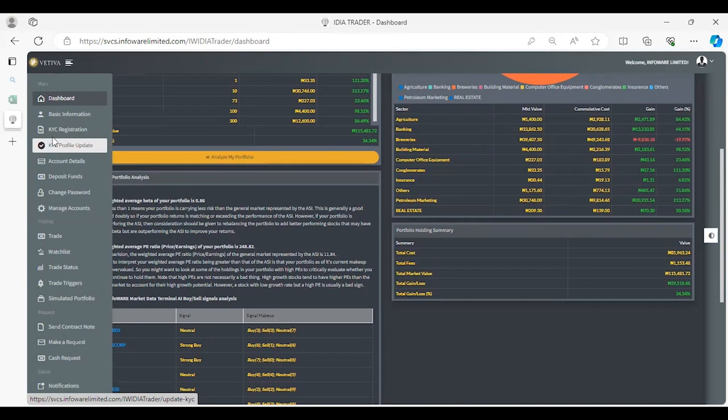But just to give you a quick run through, you have your basic information, your KYC and all of that. You can deposit funds. So if you're trading with your broker, you can deposit funds and trade immediately. You can manage your account. You can trade as a pro, check your trade status, trade triggers.